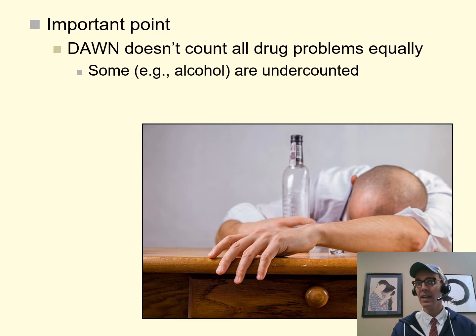The exception is cases in which people show up who have overdosed on alcohol but who are also taking other drugs like marijuana or cocaine at the same time. Pure alcohol problems are not recorded in this data set, which can create the impression that drugs other than alcohol are much more dangerous than alcohol is. In truth, alcohol is associated with a lot of injuries and deaths in hospitals all around the country, unfortunately. So we get a mistaken impression, I think, if we're not careful when we think about alcohol problems and the DAWN data.